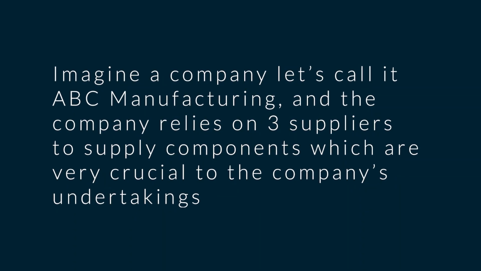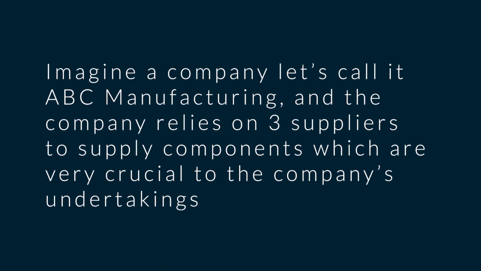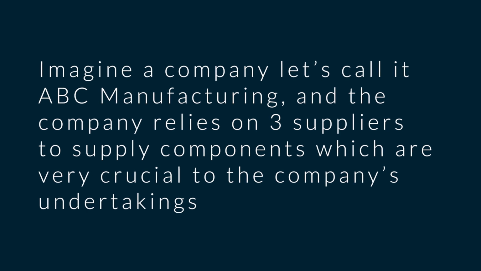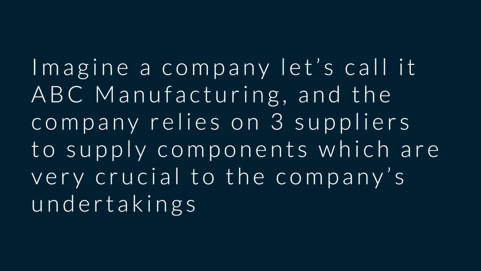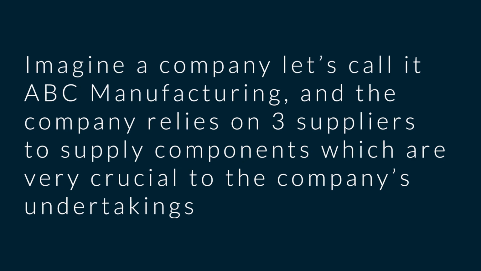So imagine a company, let's call it ABC Manufacturing, and the company relies on 3 suppliers to supply components which are very critical to the company's undertaking. In this case, reliability of delivery is important. So the company has 3 sets of data as far as these 3 suppliers are concerned.